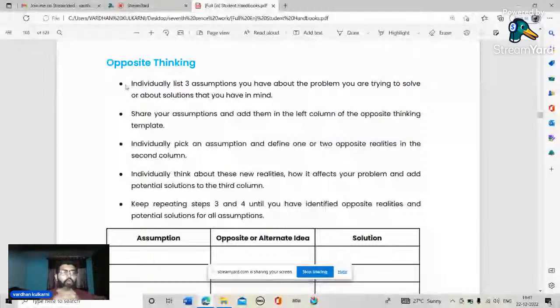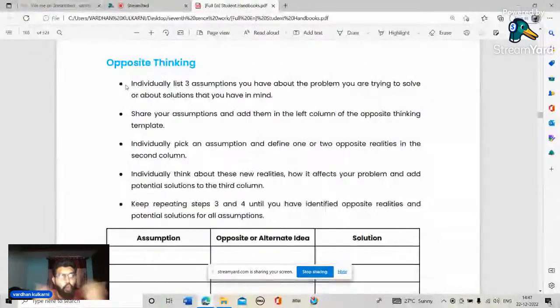Then you assume that he's probably still sleeping at home, or might be traveling, since he doesn't receive your call. Then you have an alternative or opposite idea: what if you go to his or her place to meet the person?